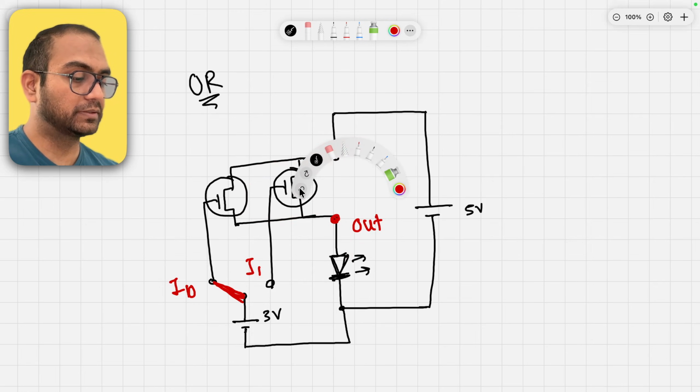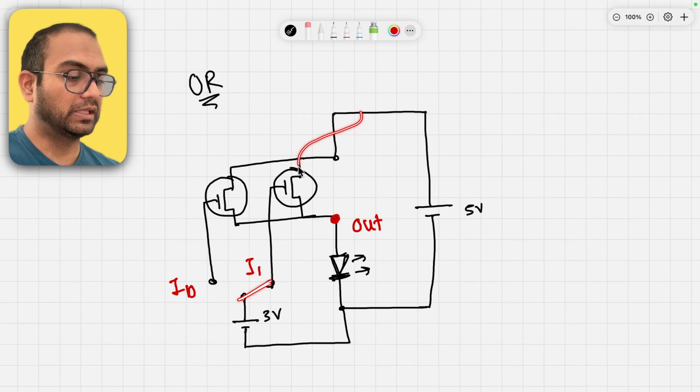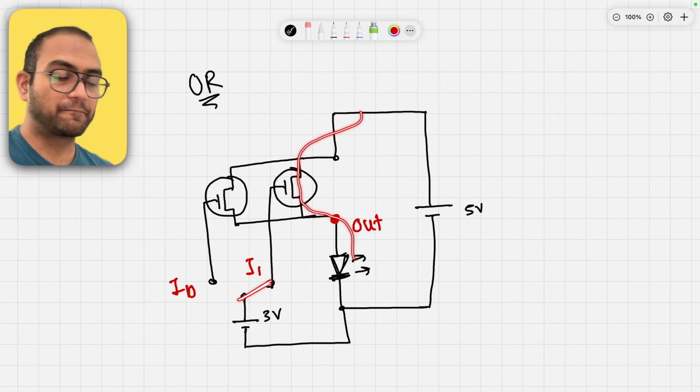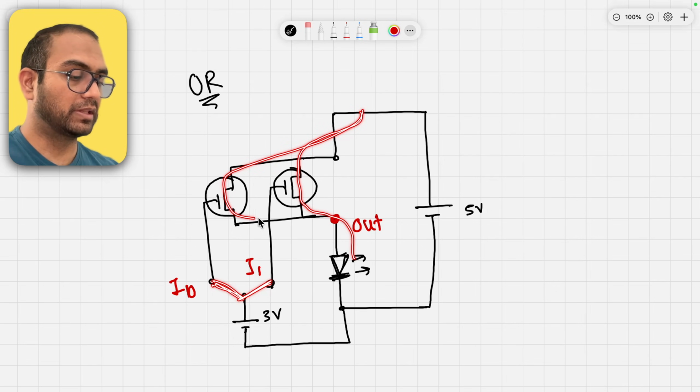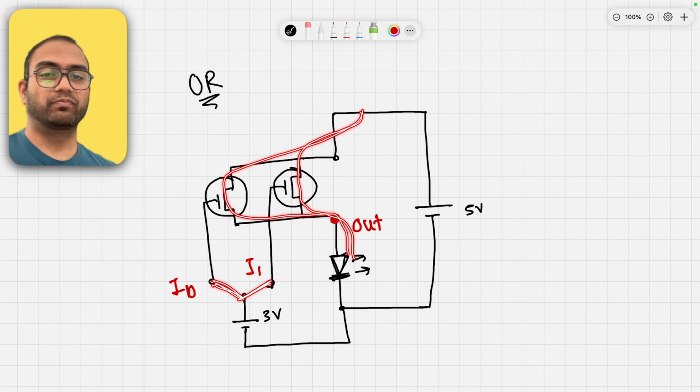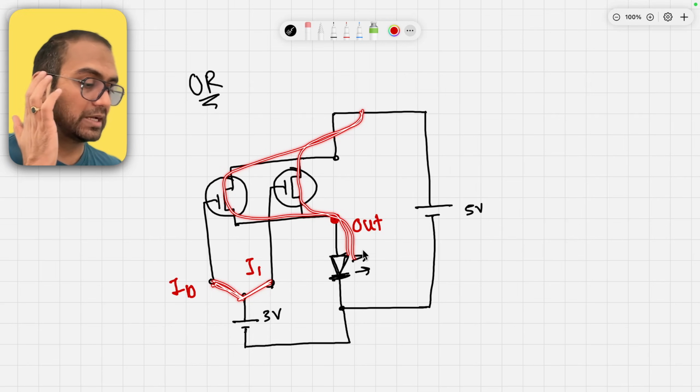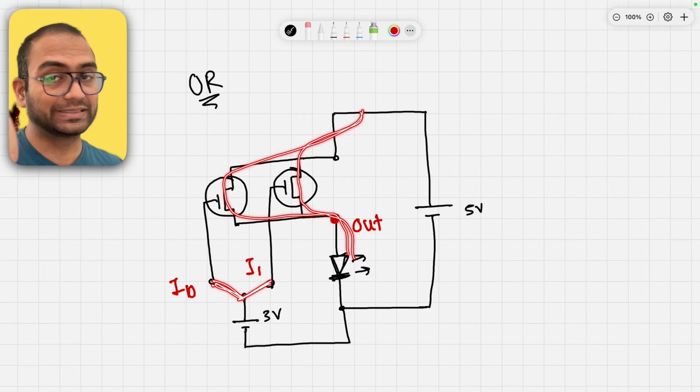If I keep this connection active, then the current flows from this. And if both of them are active, then the current will flow from both the transistors, and the LED will still light up.